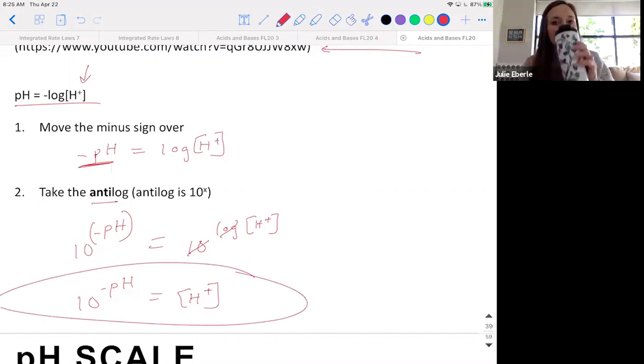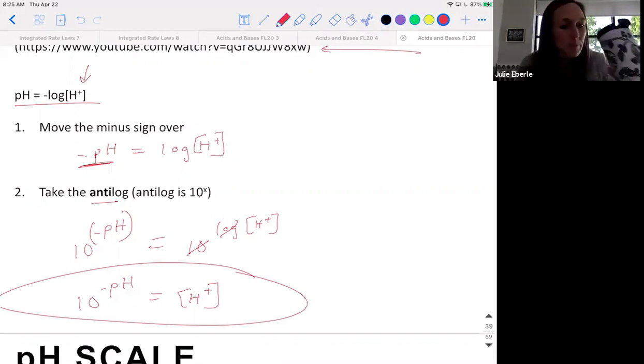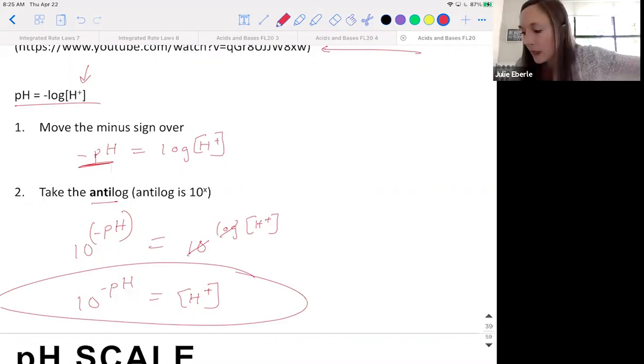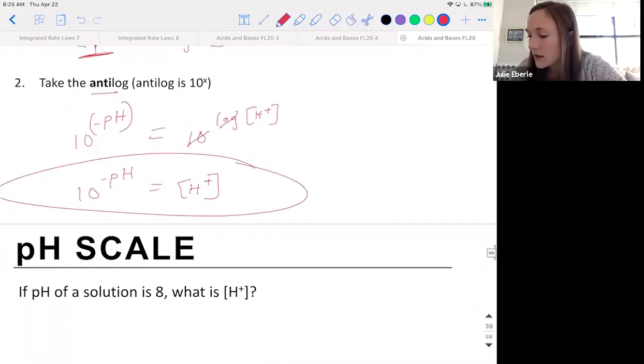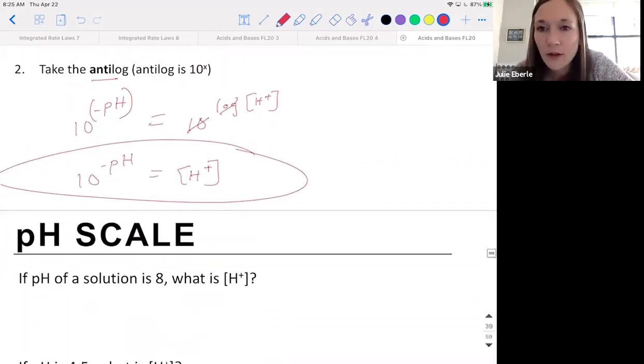So let's put this into practice. A solution has a pH of 8. What is the concentration of H plus? Looking at this equation, our pH is 8, so we'll say 10 to the negative 8.